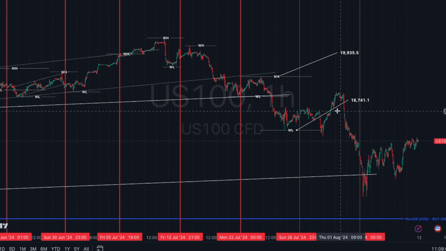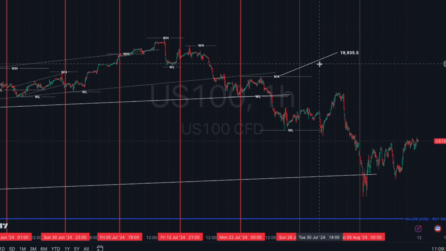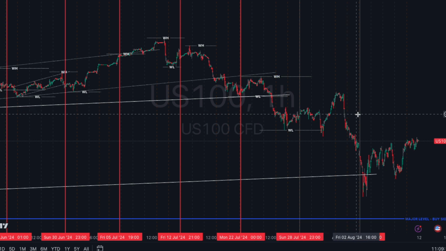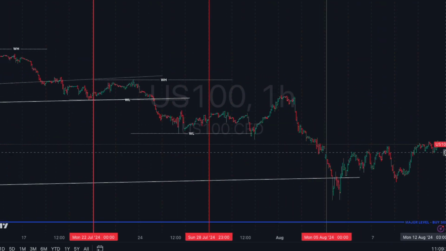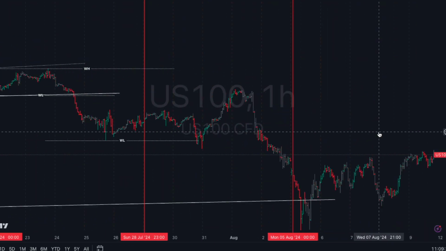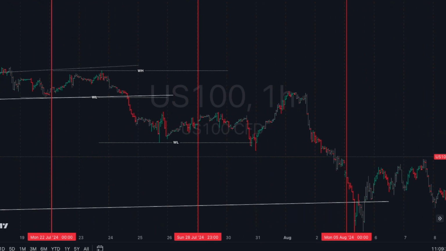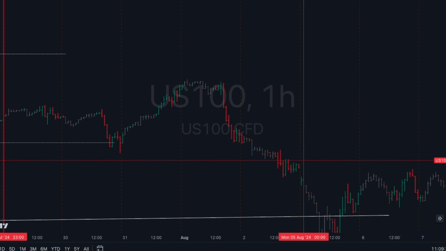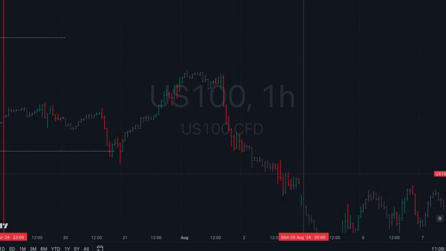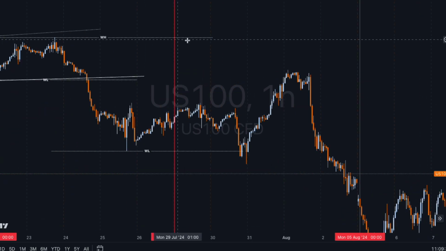We're not going to go too much into that side of things. We're just going to focus on weekly lows and weekly highs, and figure out what we need to do moving forward to make sure that we're collecting as much as possible in the market. I also need to change the candles as well. Just bear with me a moment and change the candles back to what you would like to see, these ones.